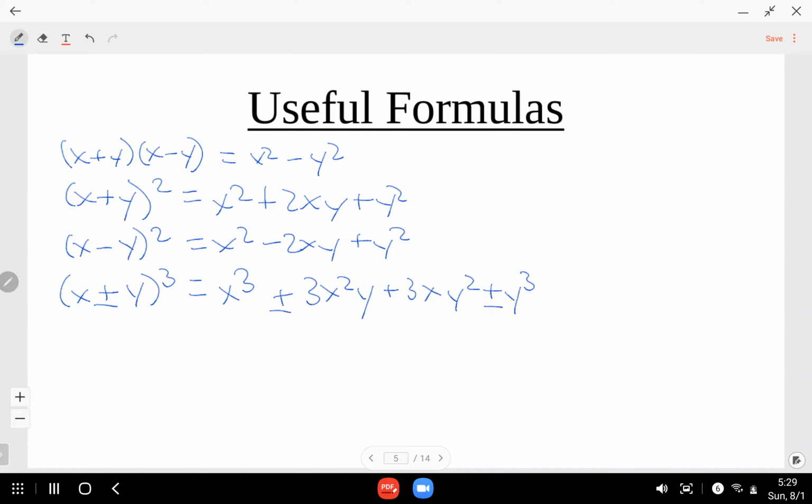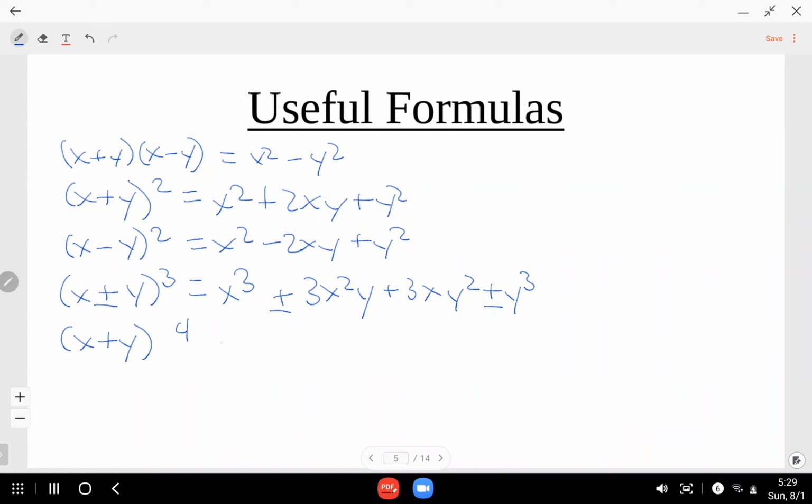There's also (x + y)^4, but that's pretty complicated, so I'm not going to explain that yet, but if you want me to, I can write it out.